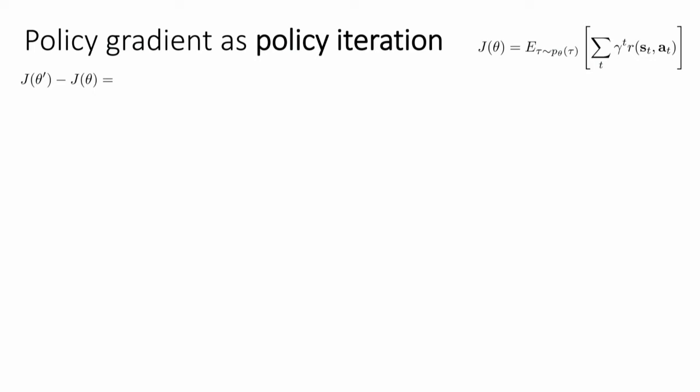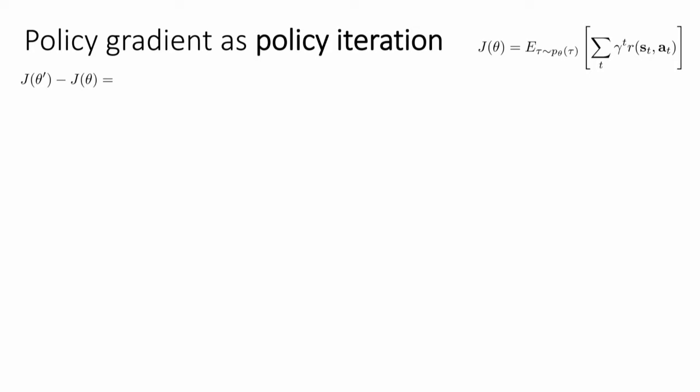This is the definition of J of theta. It's the reinforcement learning objective. And I've stuck a discount in there since we always like to have discounts. This is an improvement objective. It's the difference between the expected reward for a new parameter vector theta prime and your old parameter vector theta. And we'll see why we're doing policy improvement in a second.